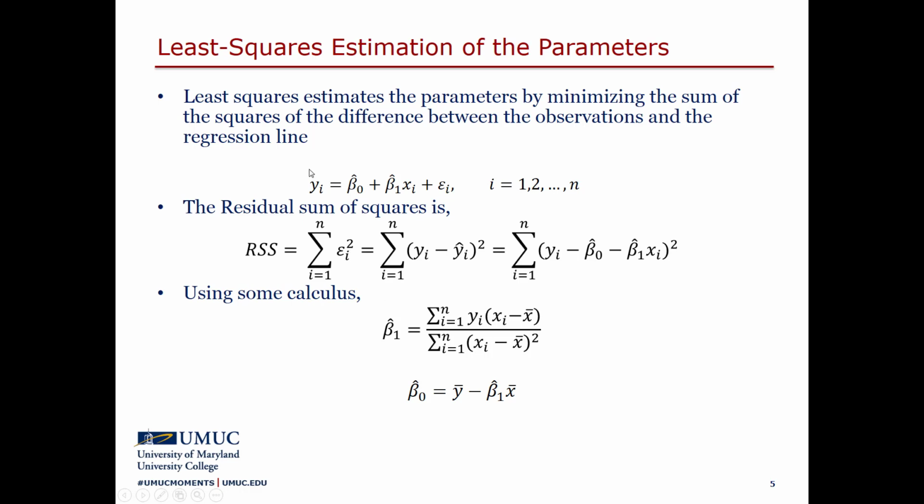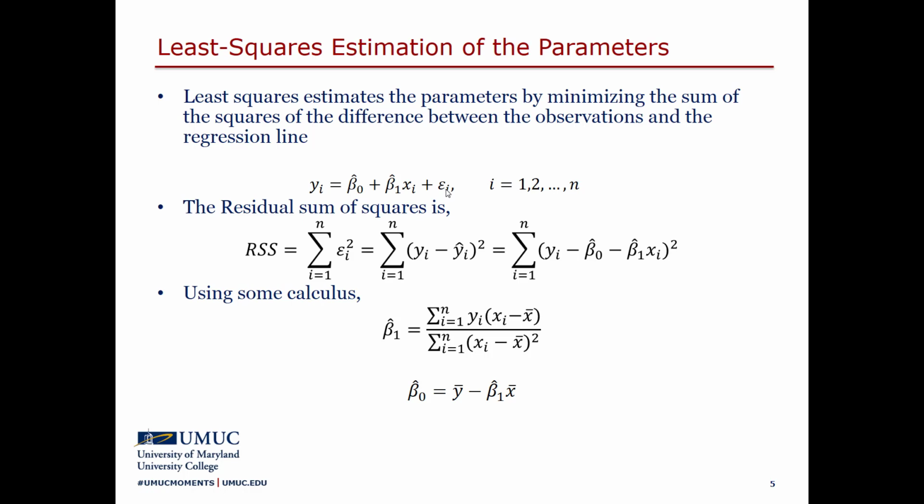So earlier we looked at this for the population parameters. Now once you have estimated the parameters, I use the terms parameters and coefficients the same way, they mean the same thing. They refer to the beta terms. So here now we have an estimated quantity. So we use the terms beta 0 hat plus beta 1 hat times xi plus an error term for each observation.